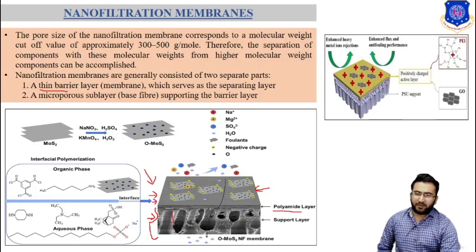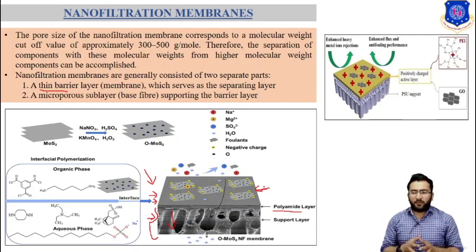The supportive layer is made of fiber, while the upper thin barrier layer is mostly made of polyamide. A nanofiltration membrane is slightly charged in nature, so we can separate ions with it.